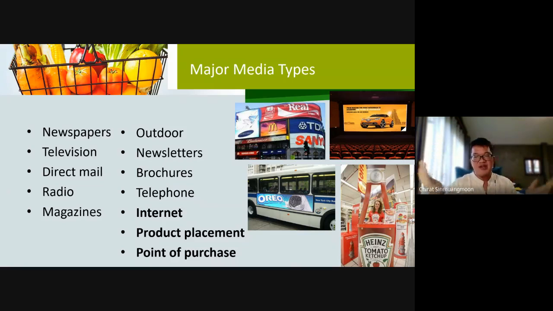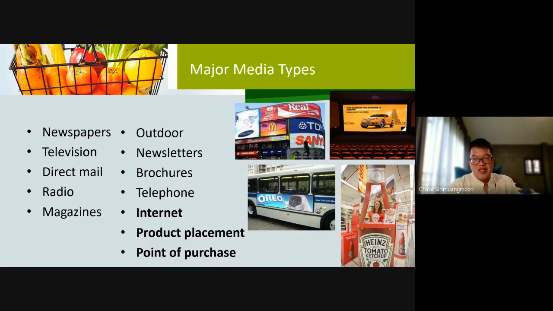It's like the banner or the screen where you can see many advertisings. Newsletters, sometimes they have paper with information about the products. Brochures, like when you go to the supermarket or department store and they give you some flyers. Telephone, sometimes they call you just to present their products.